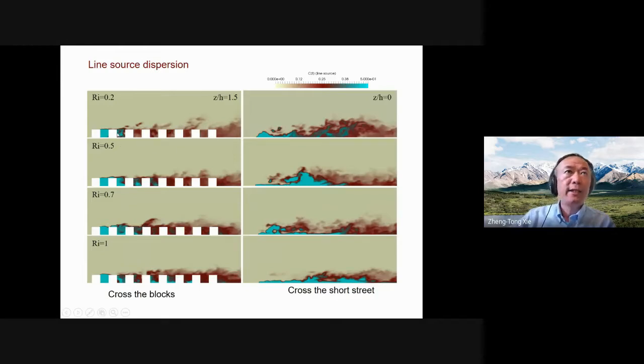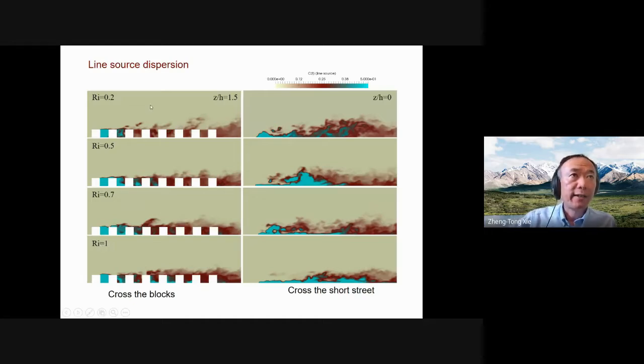And again, we have two rows of the cases. This is the concentration, this is instantaneous data. At stratification from weak to stronger, even stronger, we can still consider this a weak stratification.